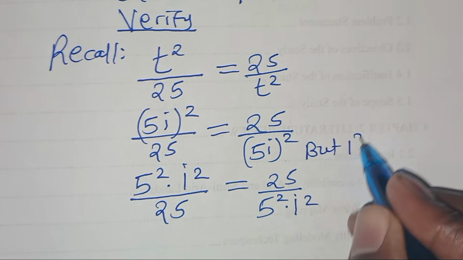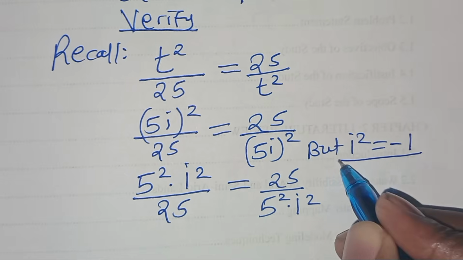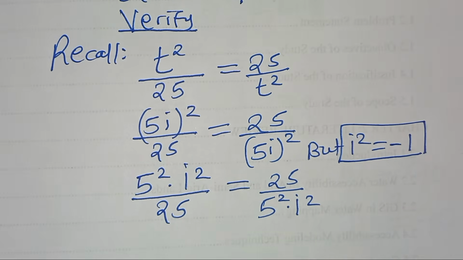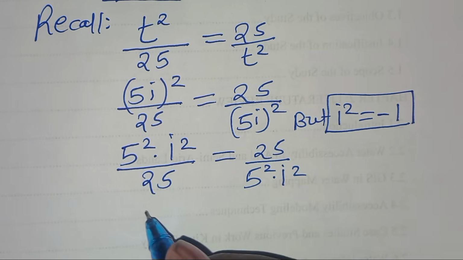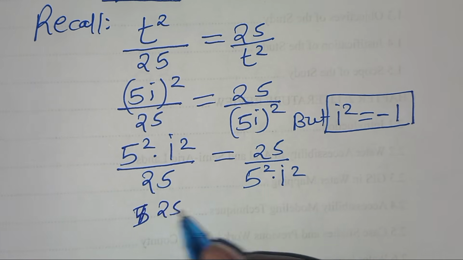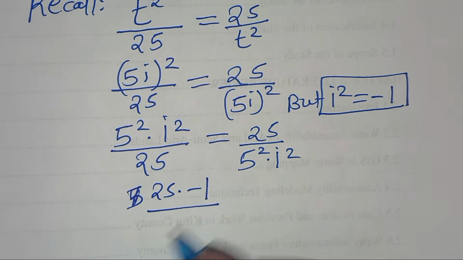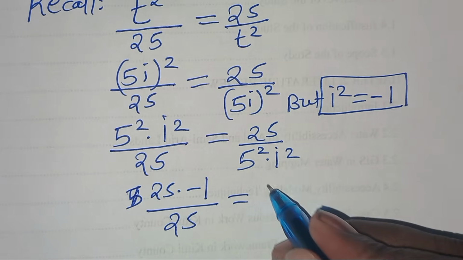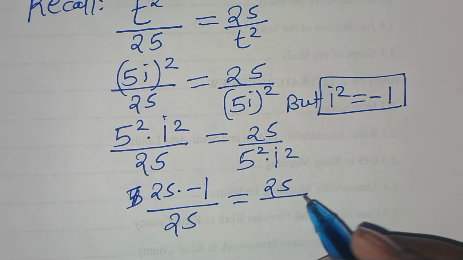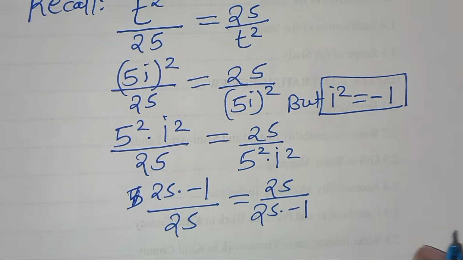But i squared is the same thing as minus 1. So let's substitute this here. We'll have 5 squared, which is 25, so 25 times minus 1 divided by 25 is equal to 25 divided by 5 squared, which is 25, times minus 1.